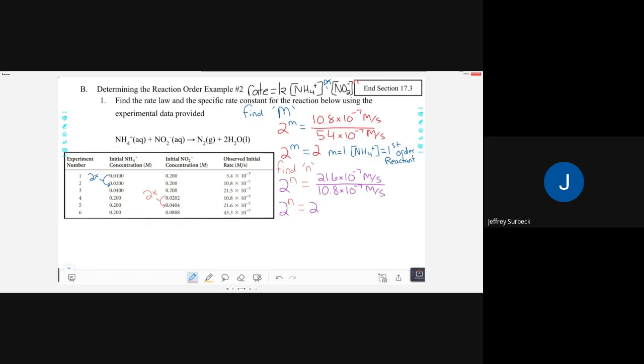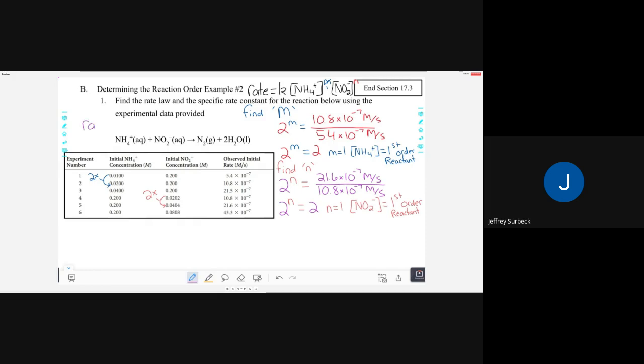But what does that mean about our nitrite ion? Very good. Okay. So now we get to our rate law. Rate, again, we always have to write it like this. I'm going to write it in purple again above.